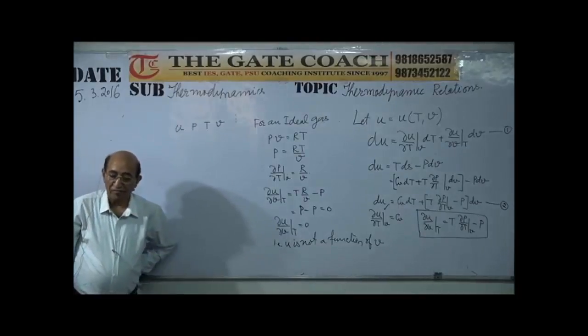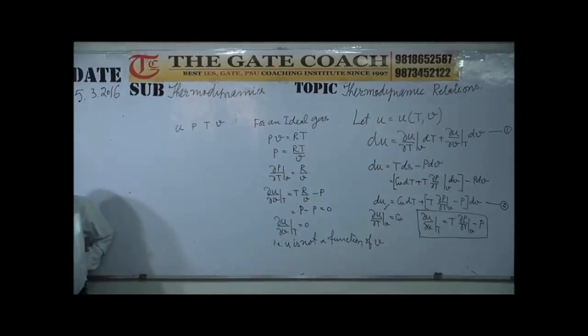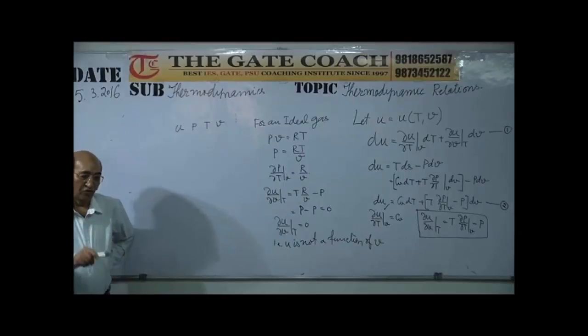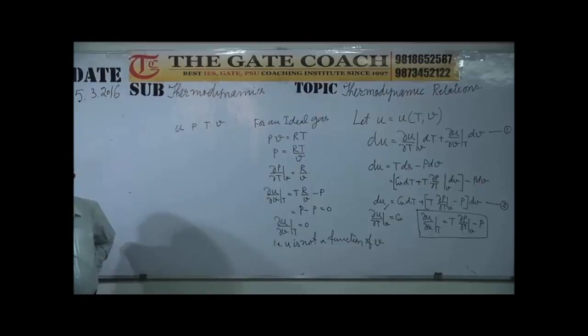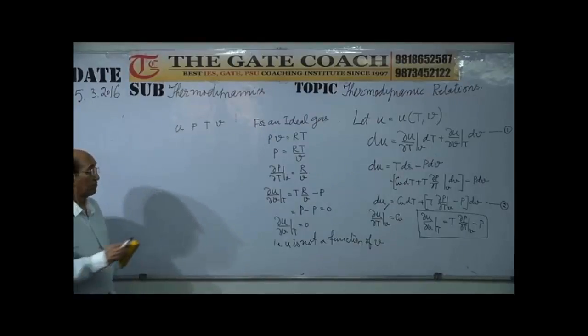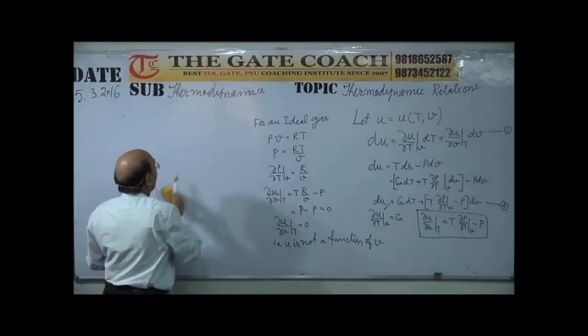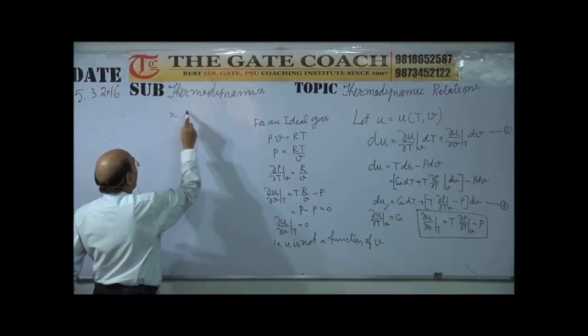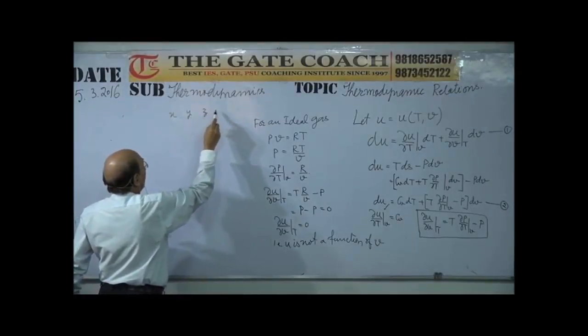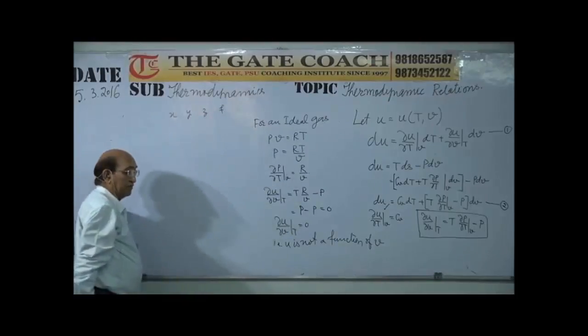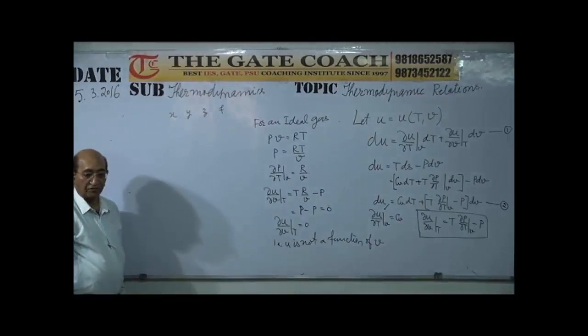So far, the various relationships we have studied were connecting only 3, two rotated, third keeping constant. Now we would like to have a relationship connecting 4 terms. Let us say x, y, z and another function f. These are the 4 terms.